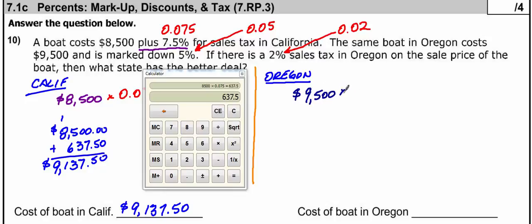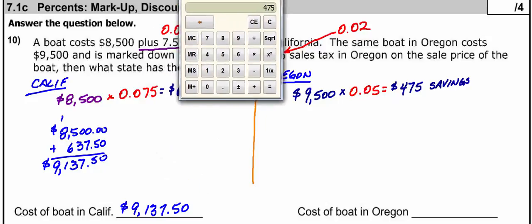We multiply that by the amount of discount, 0.05. So 9,500 times 0.05 gives us $475. That is the savings. That's how much money we get to save.